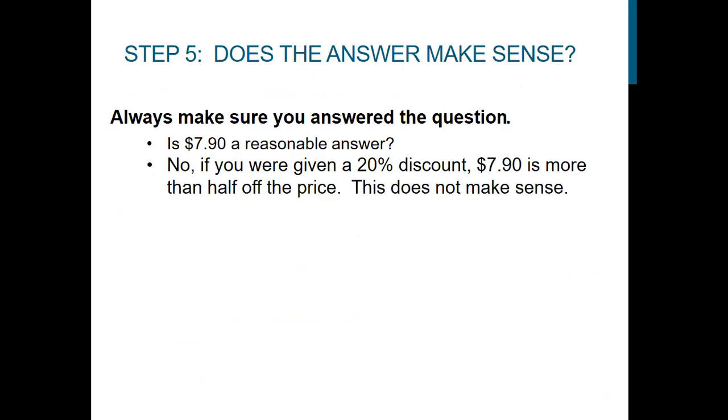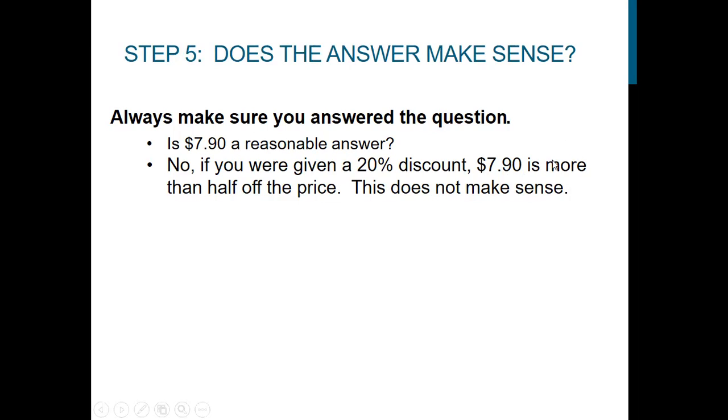It's not a reasonable answer. 790 is not, because if you were given a 20% discount on a nearly $40 meal, you can't tell me you're only going to have to pay $7.90. So what did we do wrong? Absolutely nothing. We didn't do anything wrong. What we did is we calculated the discount.